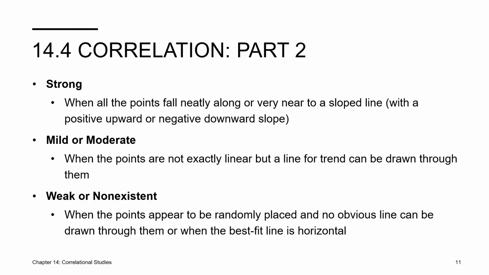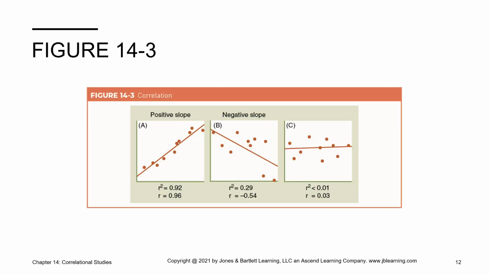A weak or non-existent correlation is when the points appear to be randomly placed and no obvious line can be drawn through them, or when the best fit line is horizontal. Here are some examples in figure 14.3. Our positive slope is letter A, our negative slope is letter B, and then you have C there.